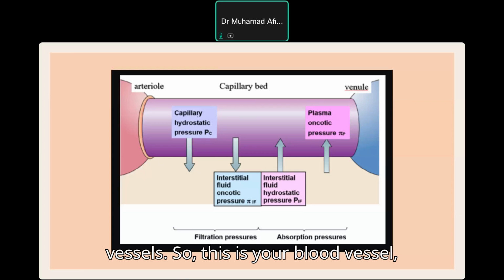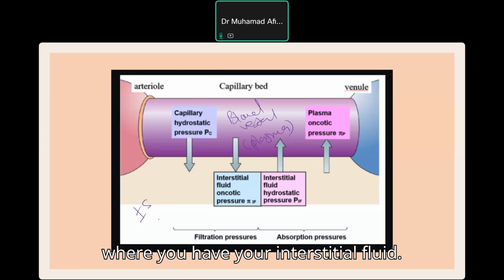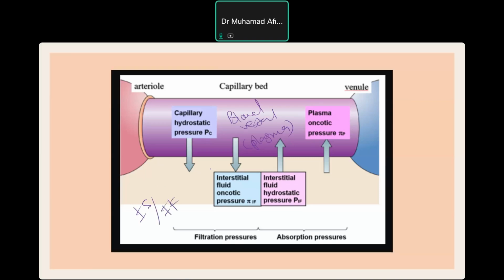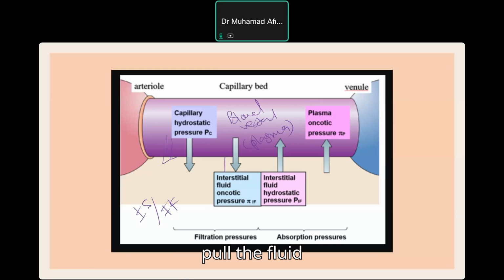So this is your blood vessel, the capillary, and the fluid here is your plasma. And this is your interstitial space where you have your interstitial fluid. The capillary hydrostatic pressure will push fluid out, while the interstitial fluid oncotic pressure will pull the fluid into the interstitial space from the blood vessel.